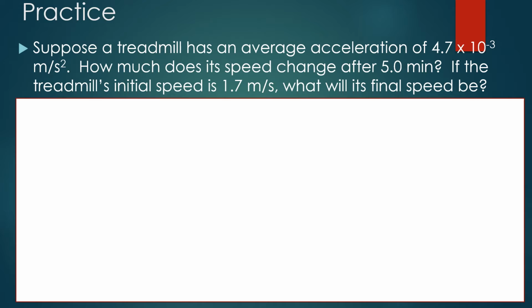Okay, so average acceleration right here, delta V over delta T. Let's say this is part A. Trying to find delta V, multiply both sides by time.